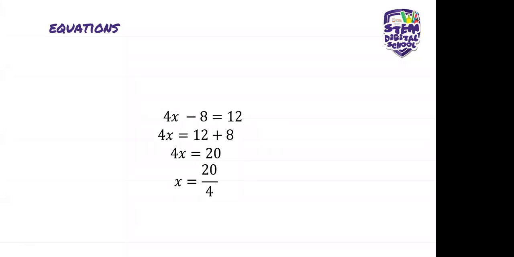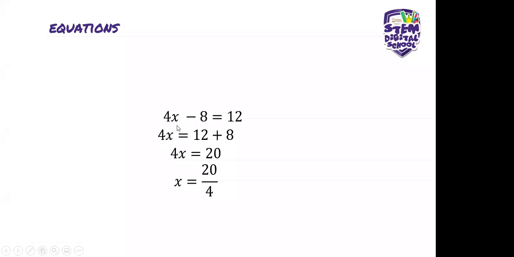And of course, that is how you solve the equation. Two ways that I've already spoken about. The first one, you can solve for x by inspection, meaning that you have to look at the value that has to be multiplied by 4. And then once you subtract 8, you should be able to get 12.